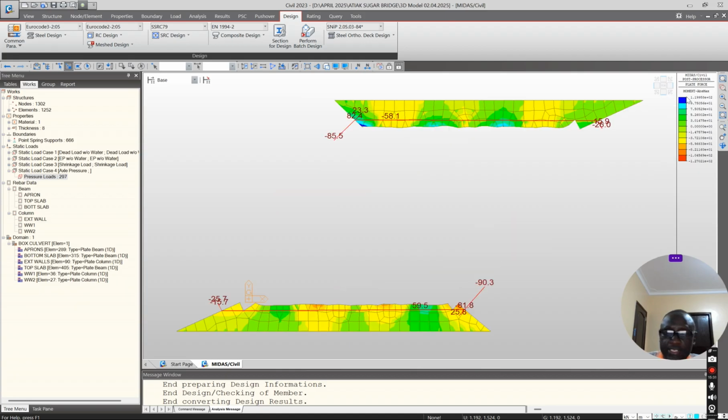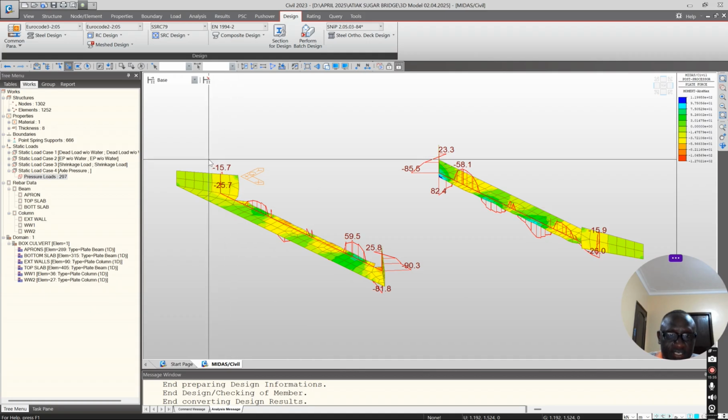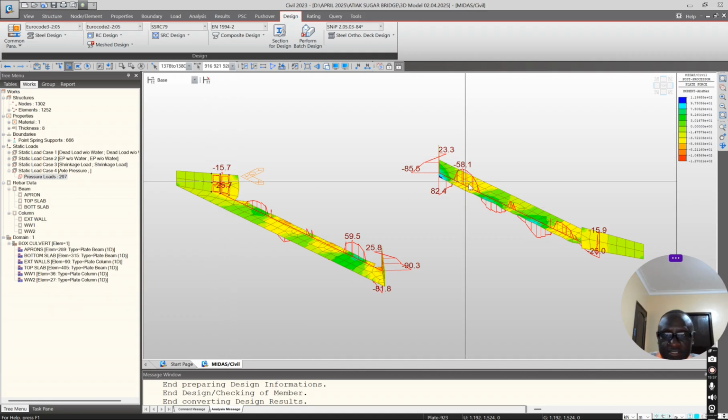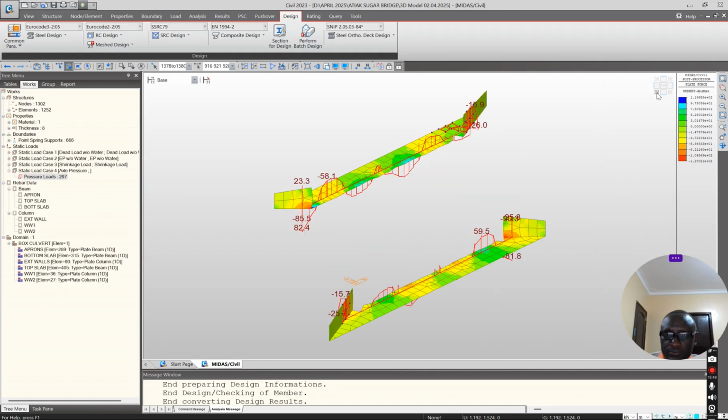So that in a way is trying to indicate that this area here and this area here are similar.